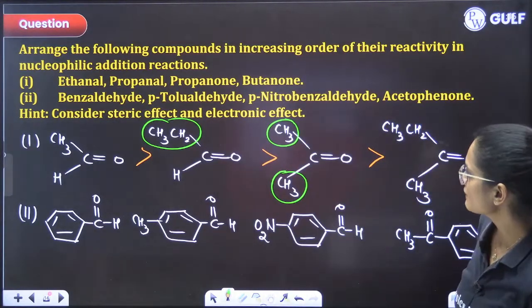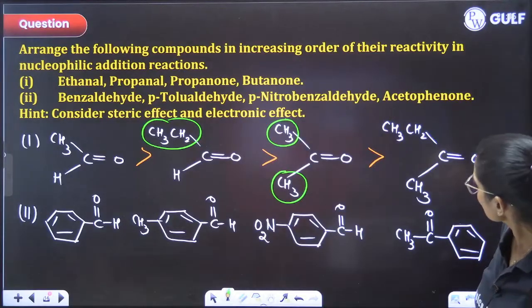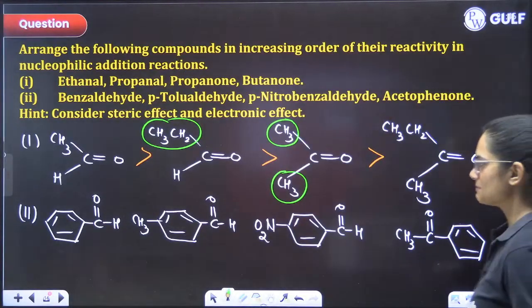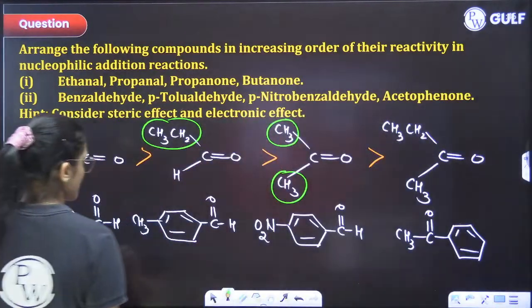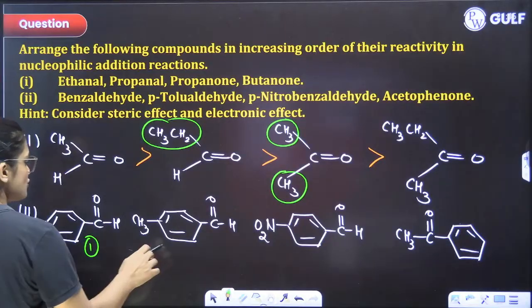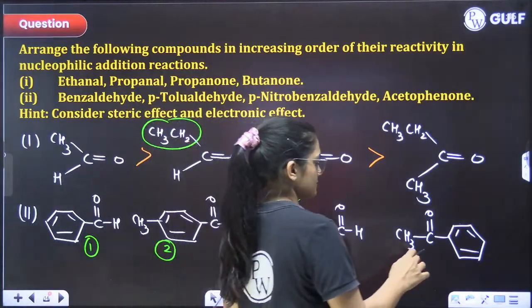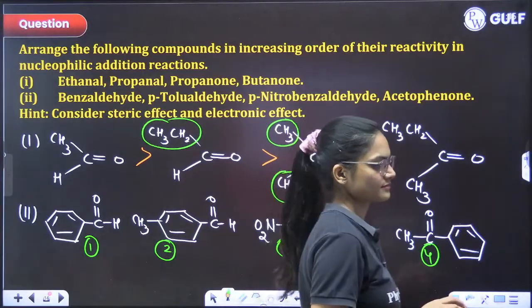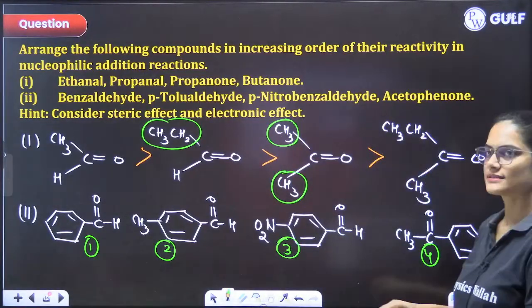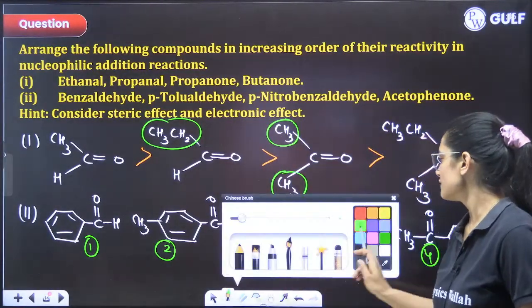So here which one will be most reactive? Let's mark this as 1, this as 2, this as 3rd, this as 4th. Tell me which one will be most reactive here.